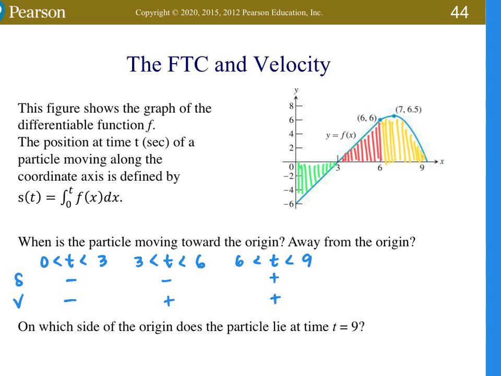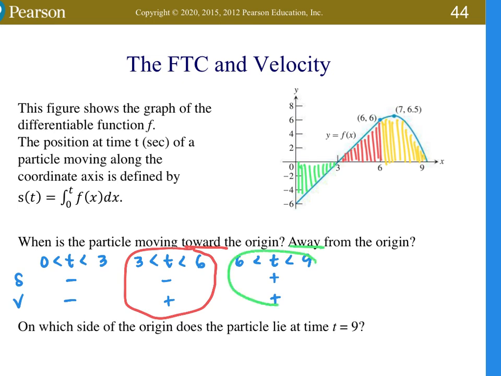All right, so when is the particle moving toward the origin? You move toward the origin when the position signs and the velocity signs are opposite. And so the only time that would move toward the origin would be this section because they have opposite signs. Away from the origin is when the signs of the velocity and the position are the same.